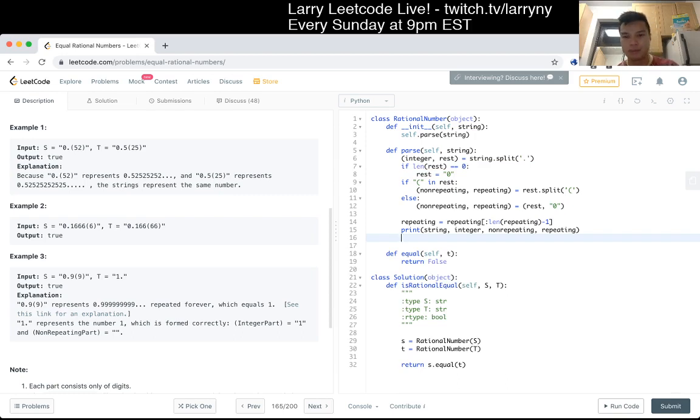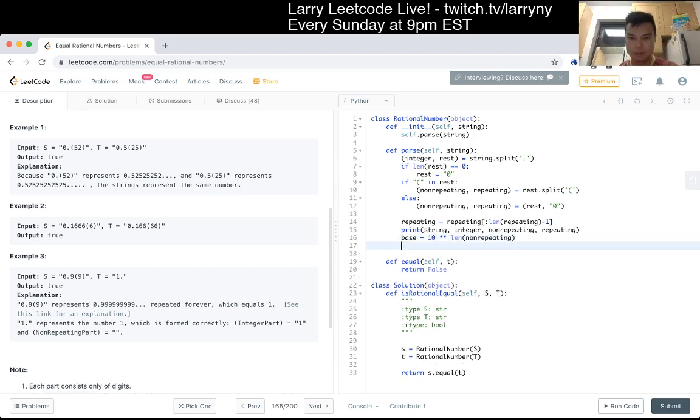Okay. And now let's figure out the base is equal to. So the non-repeating part is equal to digits of base here. And then, well, let's say denominator, numerator.